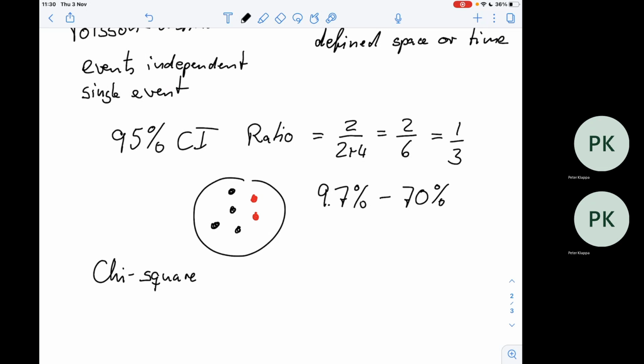So if you've got 0 out of 10 colonies are red, be careful with the confidence interval because that's usually not terribly accurate. Or if you have 99 out of 100 colonies are red, then also be careful.